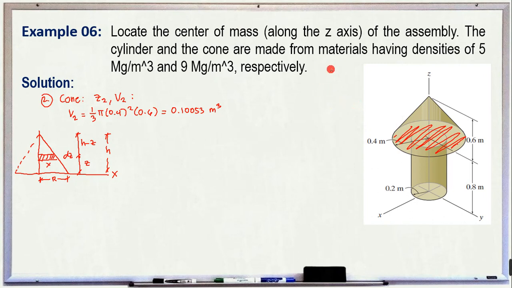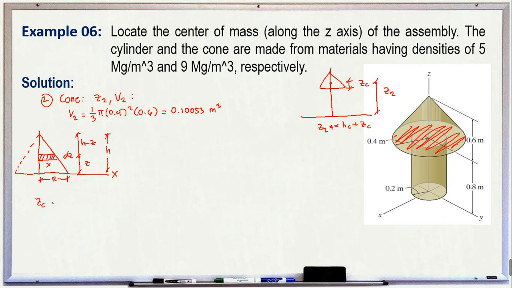Remember that in the figure, our cone is at the top. If we solve from the integration, that is just the z of a cone. But the total z, Z2, is equal to the height of the cylinder plus ZC. So we will find ZC.